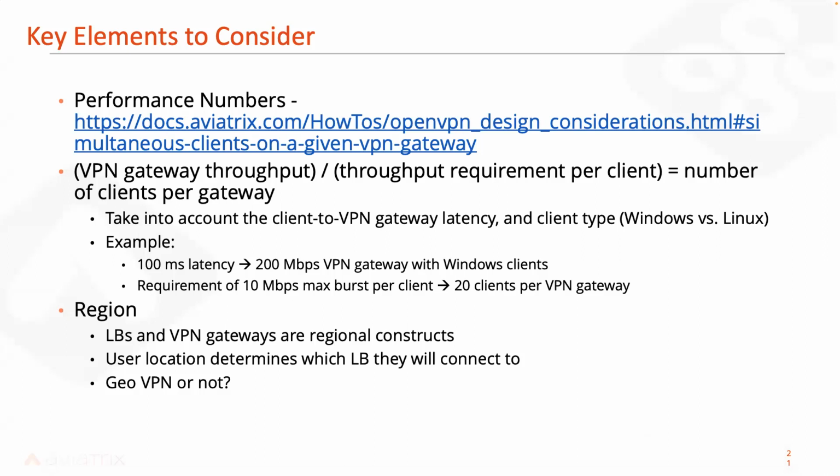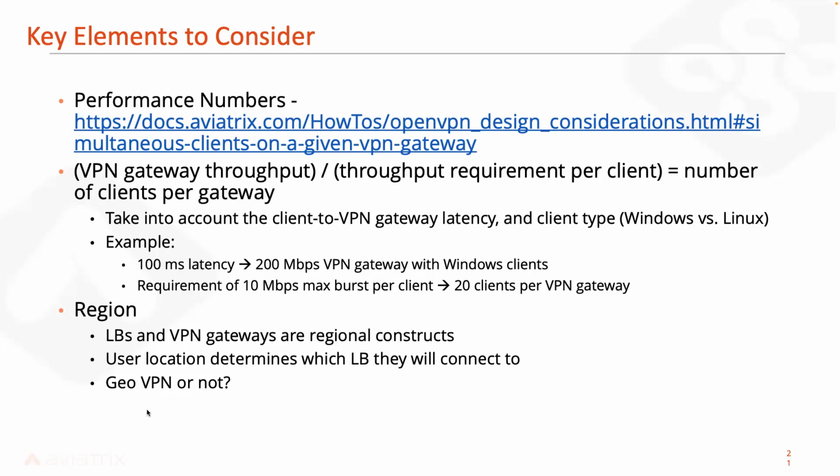Let's assume 200 megs is the throughput of a VPN gateway, and you want to give each client 10 megs over this remote access VPN connection. This would yield 20 clients per VPN gateway. Again, these are very rough numbers, and you can go into more thorough sizing exercises.